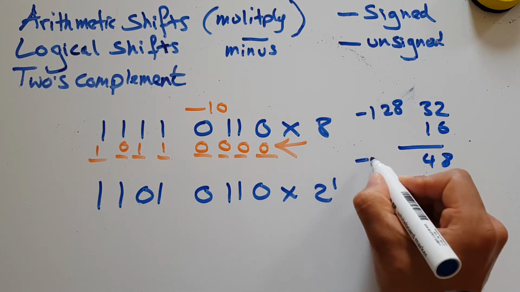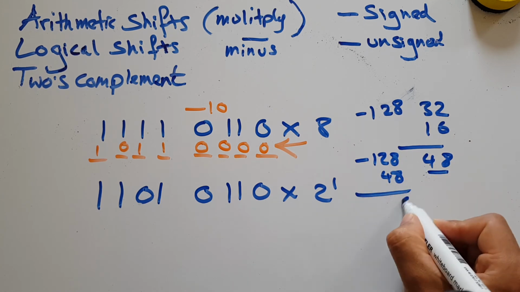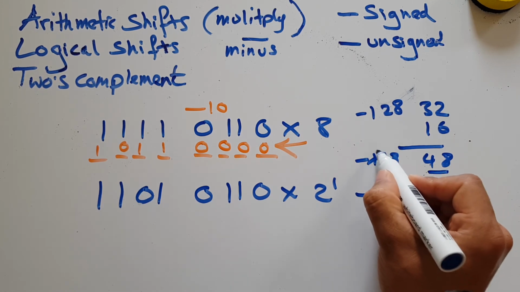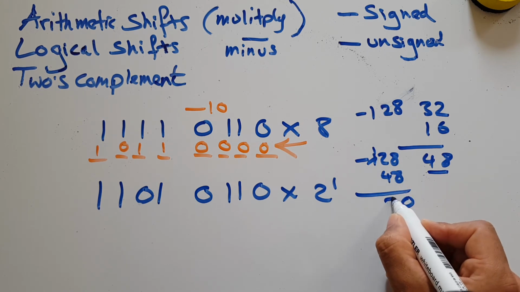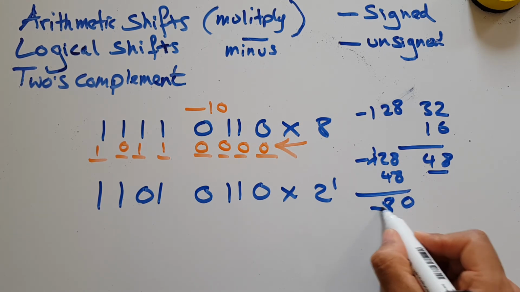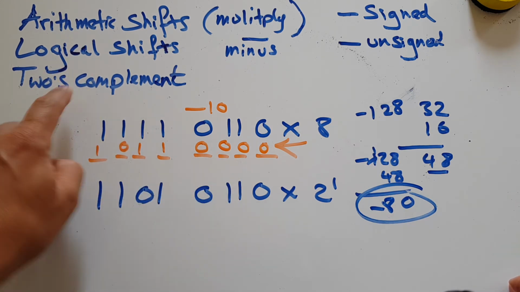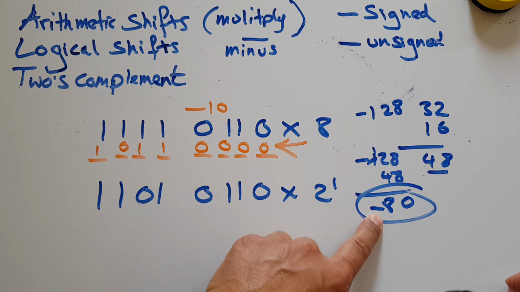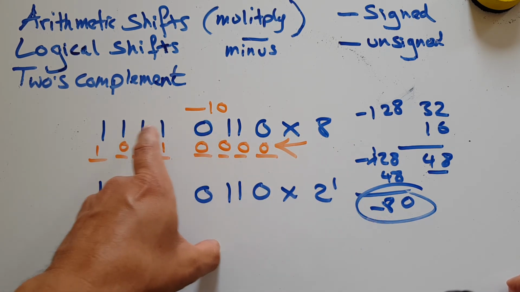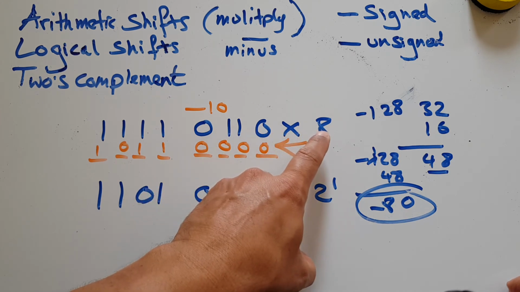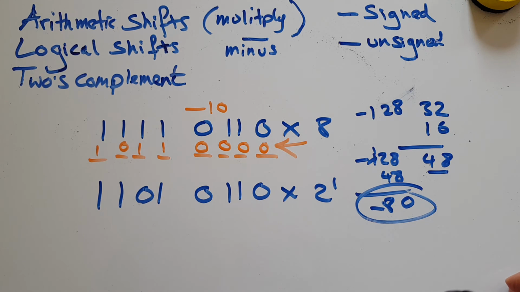So minus 128, take away this 48. That's 0, I can't do that. So it becomes 12, and that becomes 80. So the orange values using the 2's complement system add up to minus 80. Is that correct? Yeah. The blue binary, minus 10 times 8 is minus 80. And the orange after the shift is minus 80.